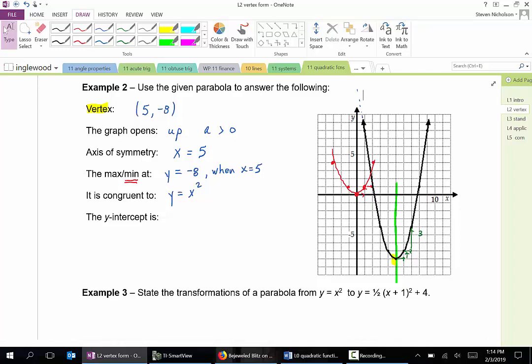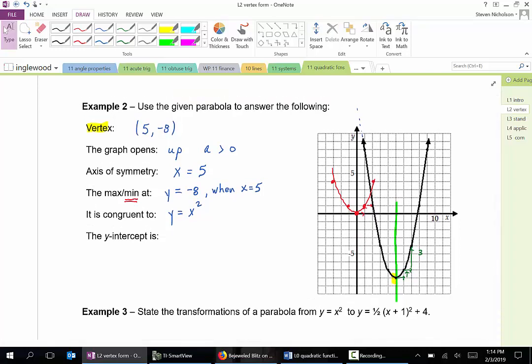So here's our first introduction of finding the equation of a parabola. Given that we're looking at vertex form, we're going to find the equation of this parabola. And here's what it's going to look like. So that's going to be our start. And what we're simply going to do is plug in the information we know.